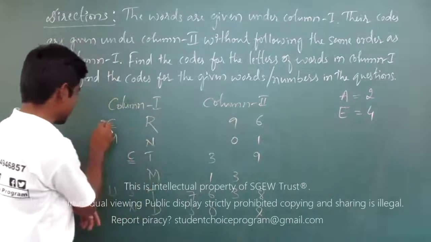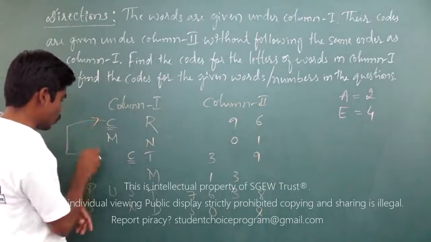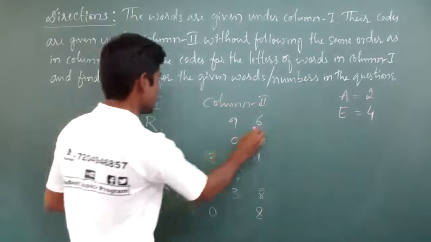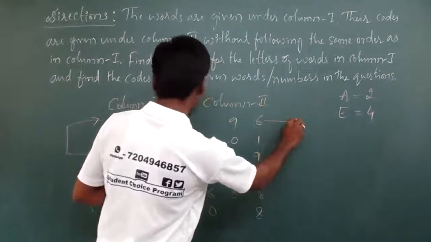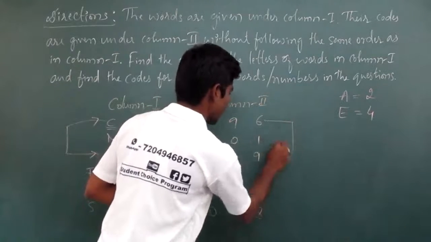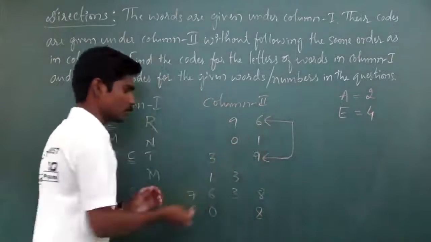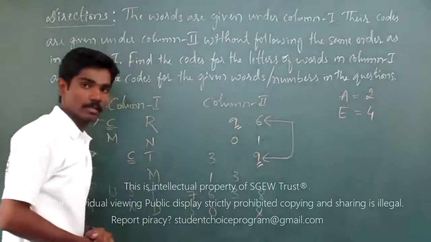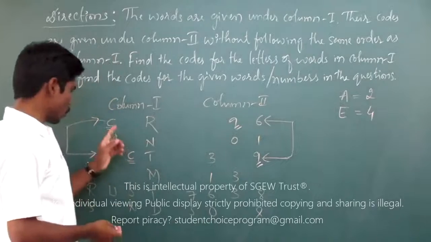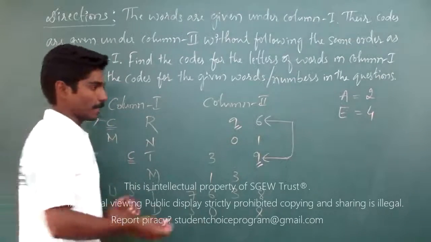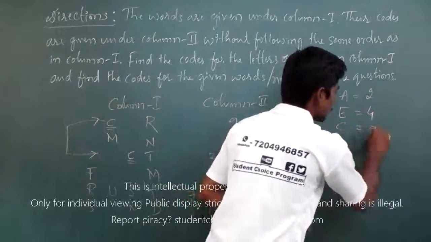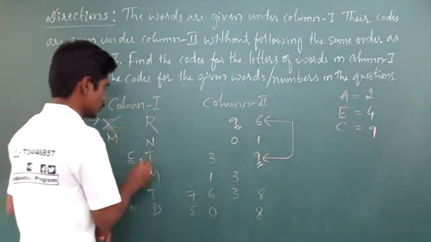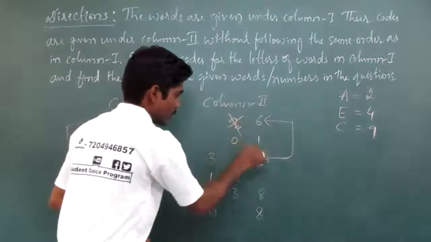I will consider the numbers 96 and 39. When you observe these 2 numbers, 9 is common. That means the code for the letter C is 9. Now this C is gone, and 9 is over.